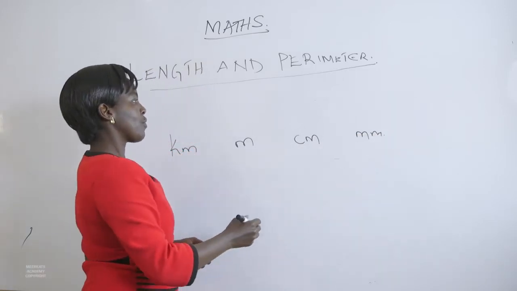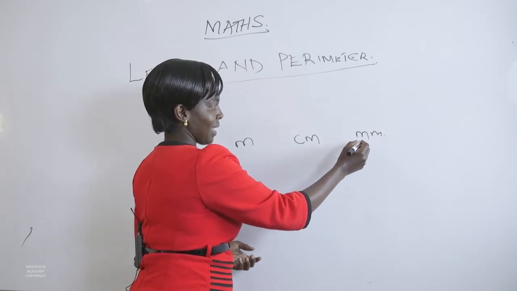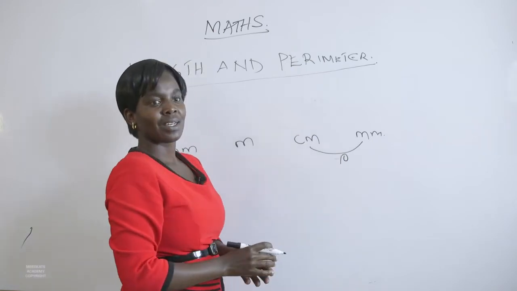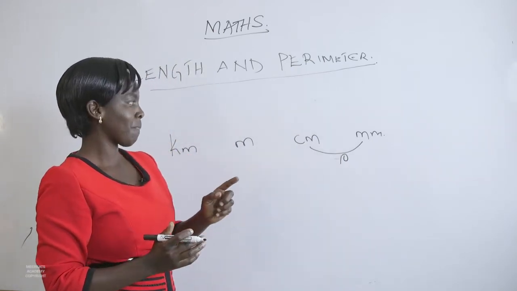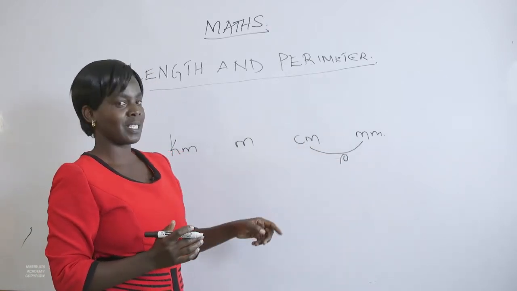So if you are moving from a millimeter, because this is the smallest, you need 10 millimeters to be able to convert to 1 centimeter. 10 millimeters make 1 centimeter.